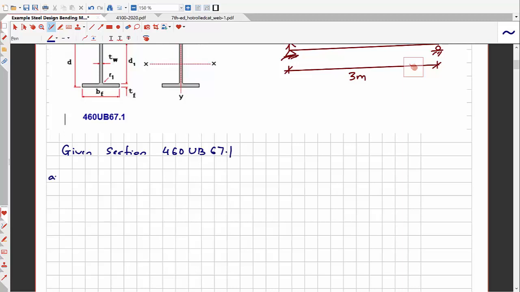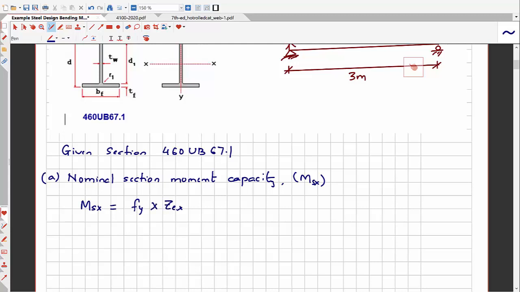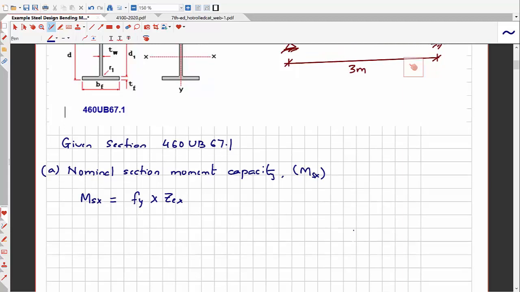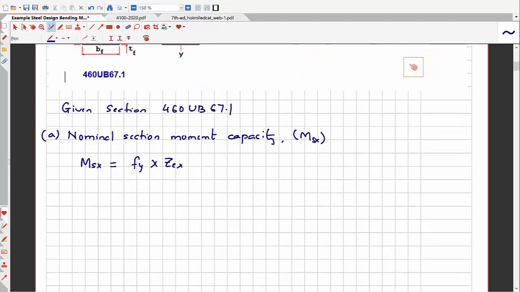Now let's first find out the nominal section moment capacity. It is bending about the x-axis, so we write it as MSX. And the nominal section moment capacity about the x-axis, which is the stronger axis, is the yield stress of the material in the section multiplied by the effective section modulus, which is ZEX. This is because the beam is bending about the x-axis.